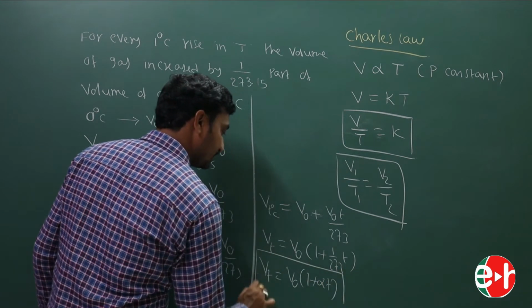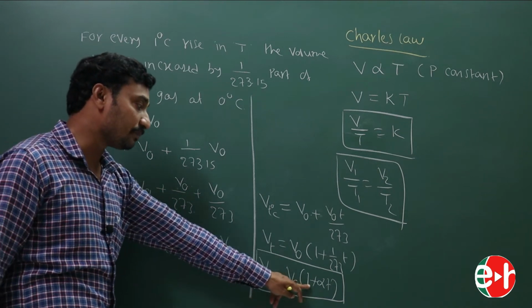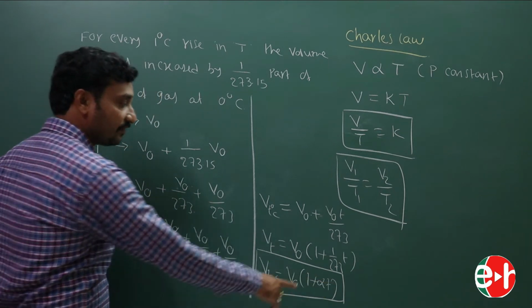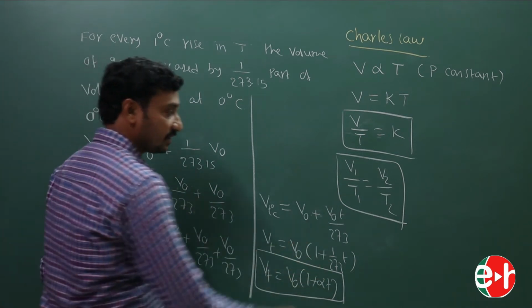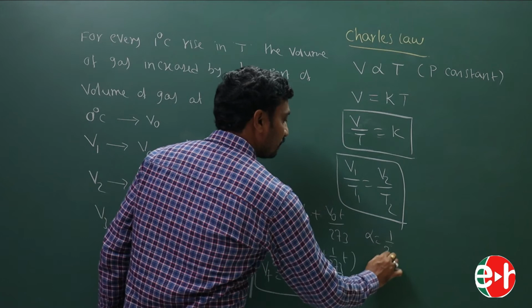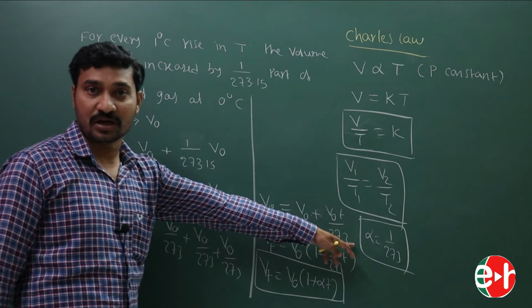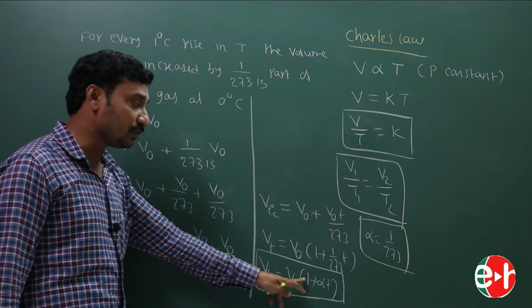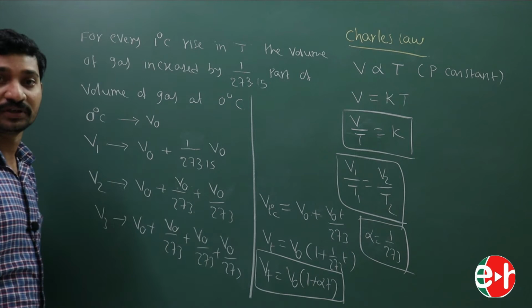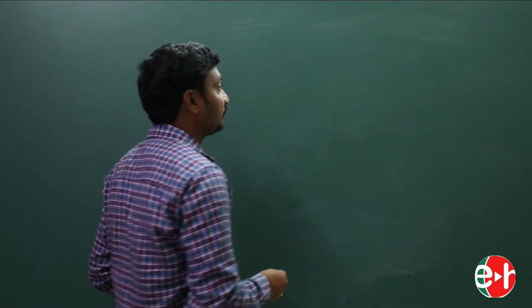This is the equation, where alpha is the temperature coefficient, that is equal to 1 by 273. Alpha is equal to what? 1 by 273, the temperature coefficient alpha. So this is Charles law: Vt is equal to V0 into 1 plus alpha t. Got it? Let us discuss graphs of Charles law.